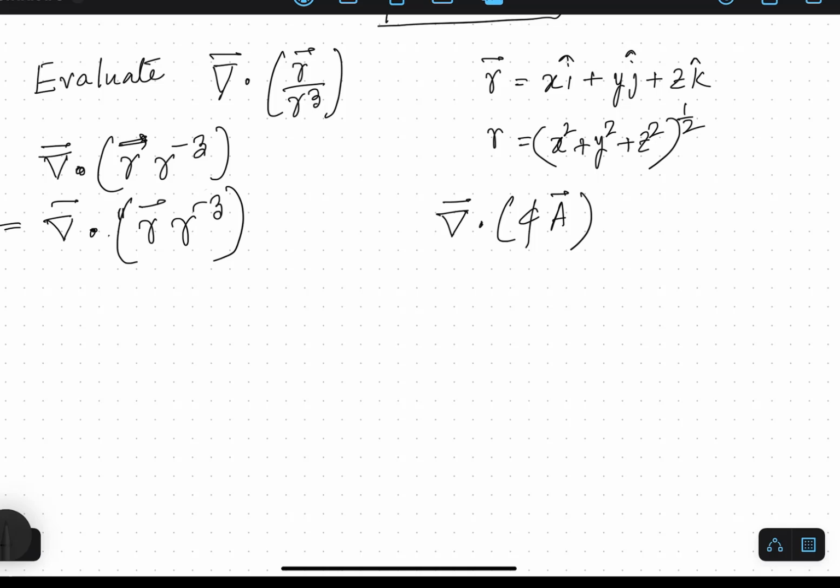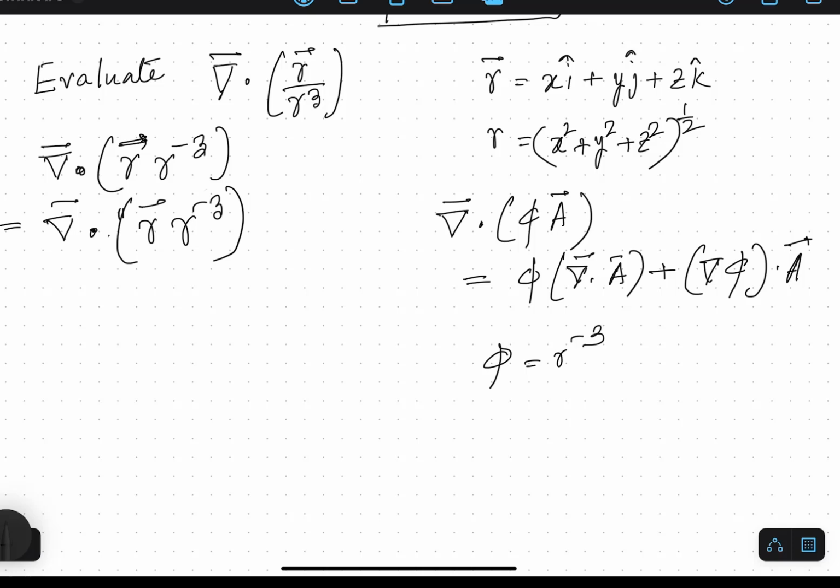So this identity says divergence of phi a equals phi divergence of vector a plus grad phi dot vector a. If I compare this identity with my given problem, phi is r to the power of minus 3 and vector a is your r vector.